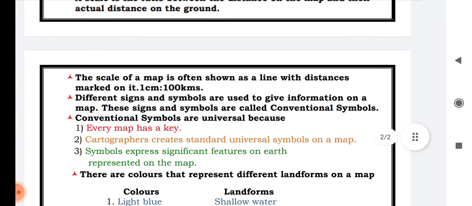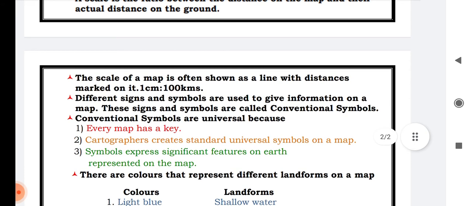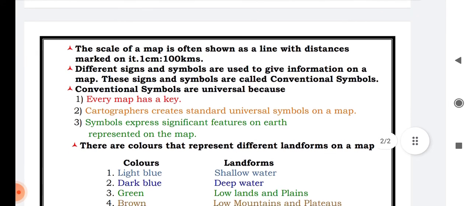And if we want to mark the distance between Kanpur and, suppose, Delhi, somewhere about 600 kilometers, we will mark 6 centimeters.